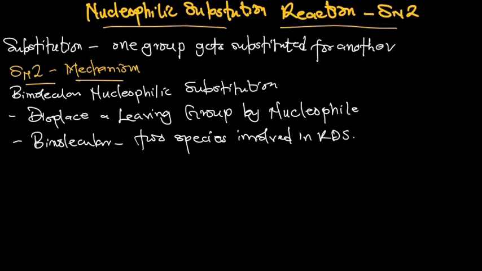So, for that reason, the rate equation is written as R equals capital K times the concentration of RL, times the concentration of the nucleophile. Now, the K here is your rate constant.